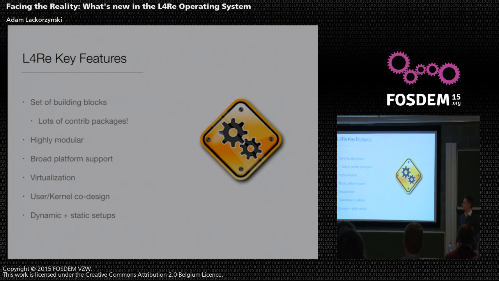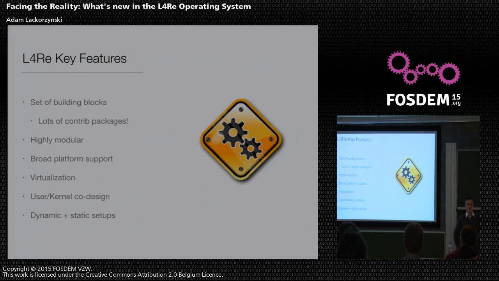We have broad support for third-party code, so third-party packages like Python. We have a fully fledged C++ standard library. You can run SQL on it. We have a port of the Cairo library and some basic POSIX compatibility like pthreads, for example. That makes porting existing software to our system a little bit easier.